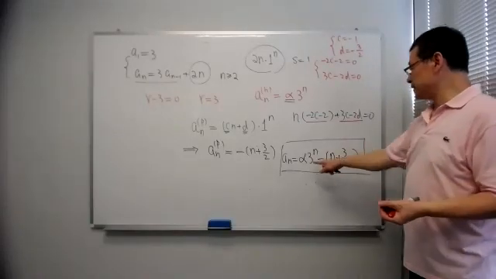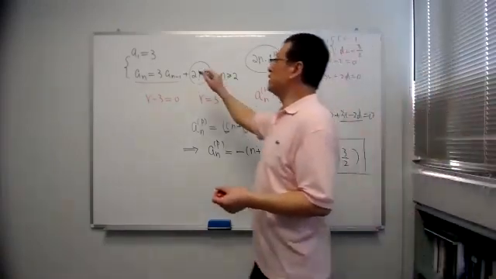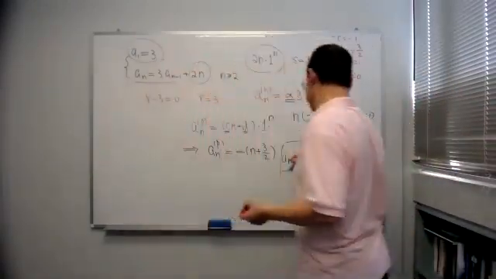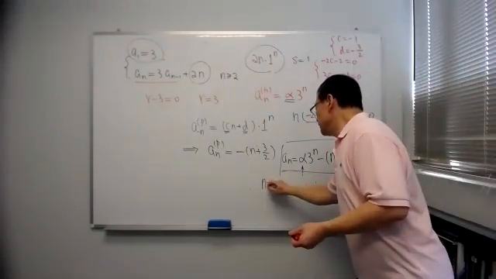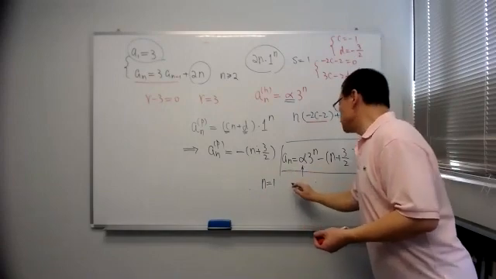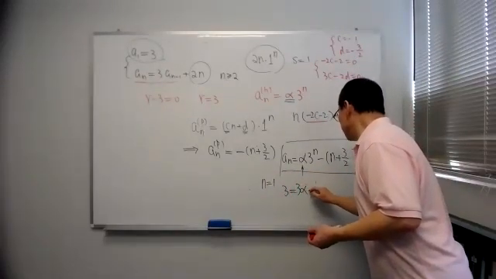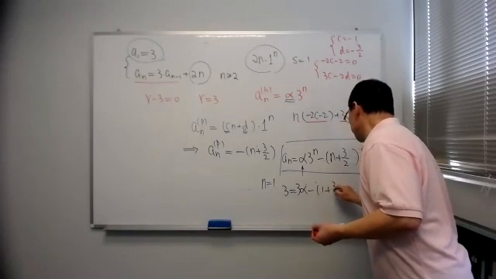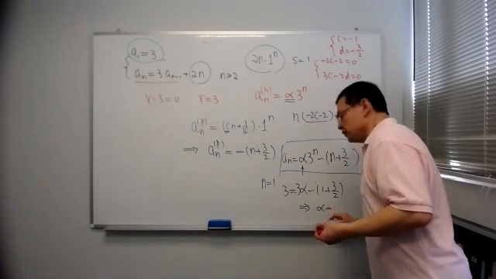The only thing remaining is this constant. Now we use the initial condition to determine this constant. So when n equals 1, we have A1, which is 3 alpha minus 1 minus 3/2. That will allow us to determine alpha equals something.